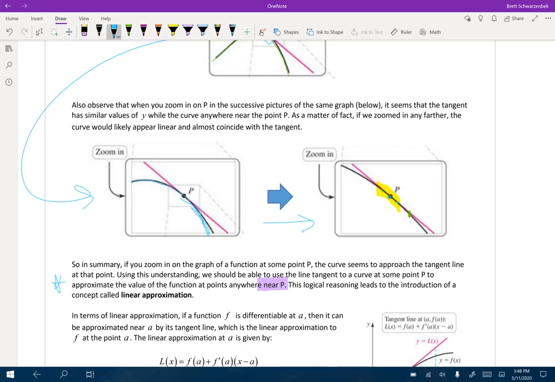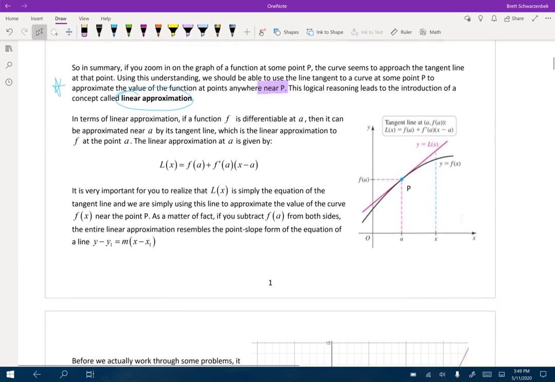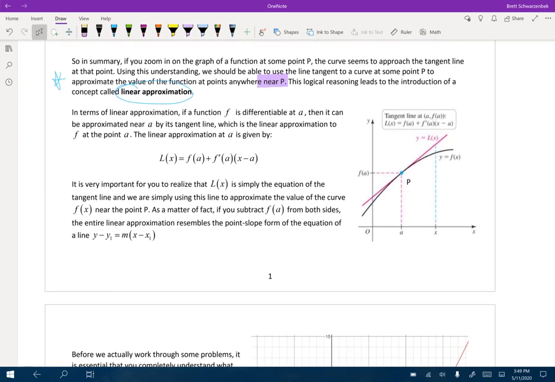Is it exact? No. But it's so close that we could use a linear approximation in order to figure out what the points are on the curve. That is what linear approximation is about.